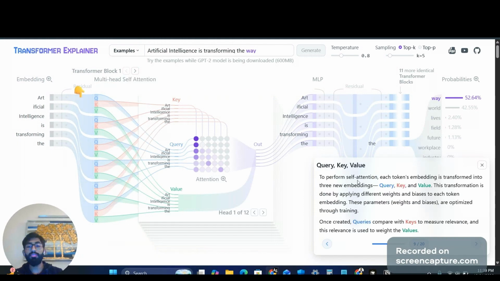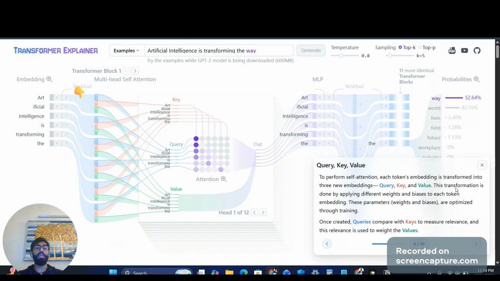Query, key, value. The token embedding is transformed into three new embeddings: a query, a key, and a value. This transformation is done by applying different weights and biases to each token embedding. These parameters, weights and biases, are optimized through training. Once created, queries compare with keys to measure relevance, and this relevance is used to weight the values.